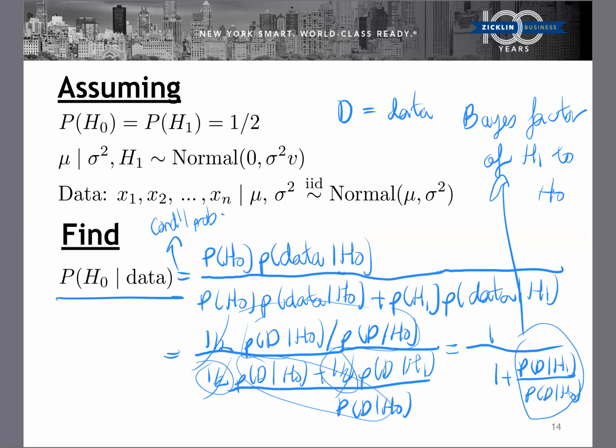If we had it flipped, and by flipped I mean that I had the null on top instead of here in the denominator, it would be called the Bayes factor of H0 to H1. Okay, so let's take a closer look. Is it okay if I delete this? Okay, I will.